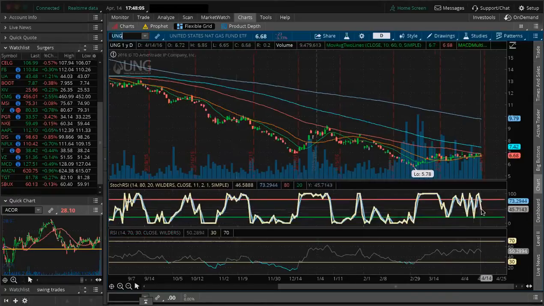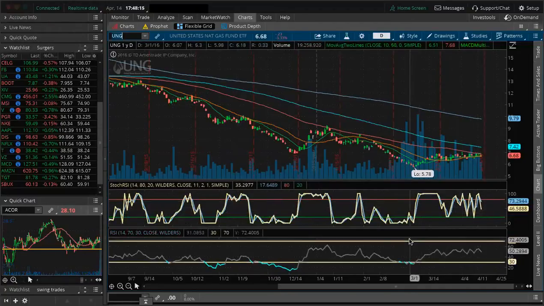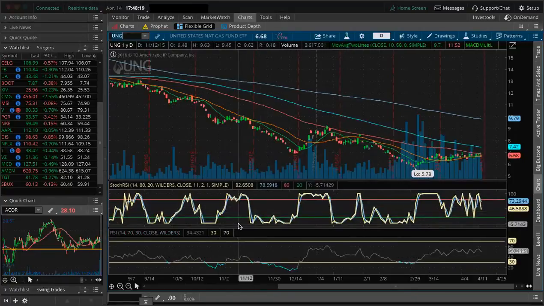You can see here the D is all the way up here at 73, and the K is at 46. So the K is a little bit faster on the action, and the D is using longer time frames, so it's going to have more of a sure trend, whereas the K might get a little bit choppier on you.